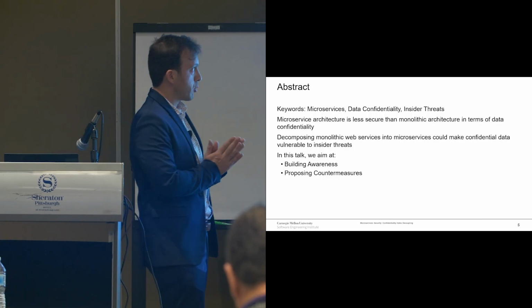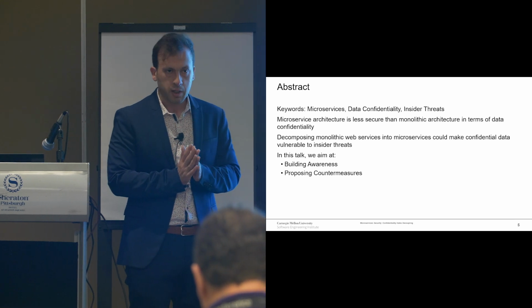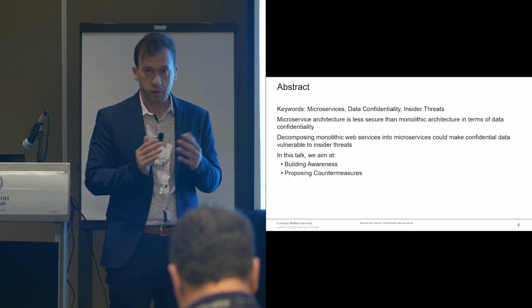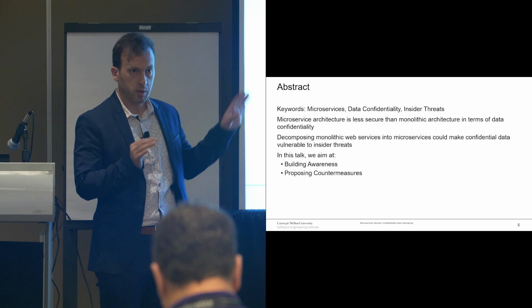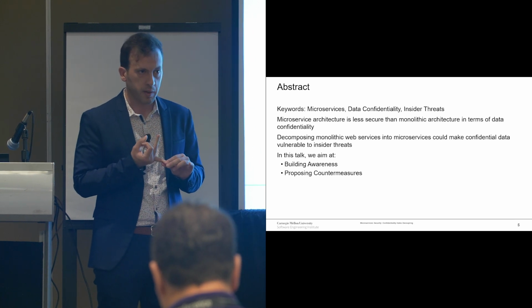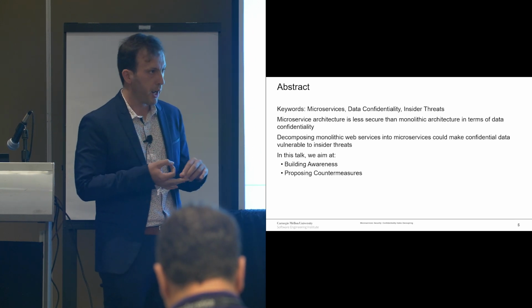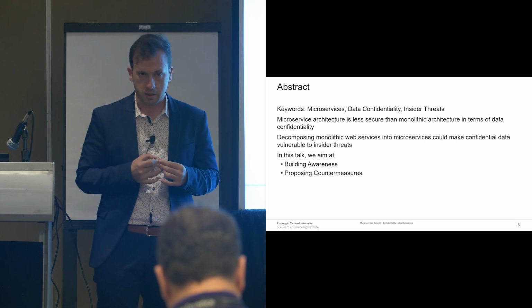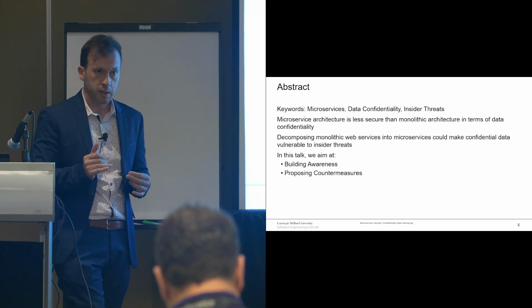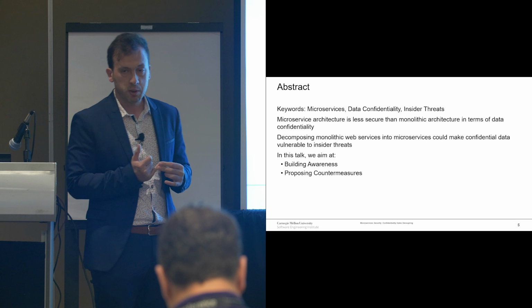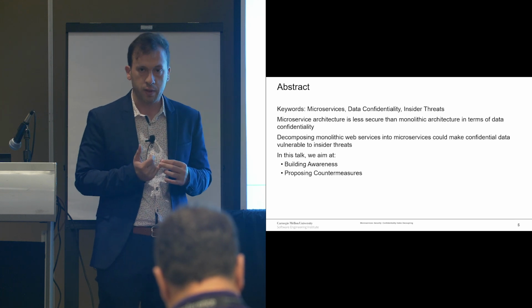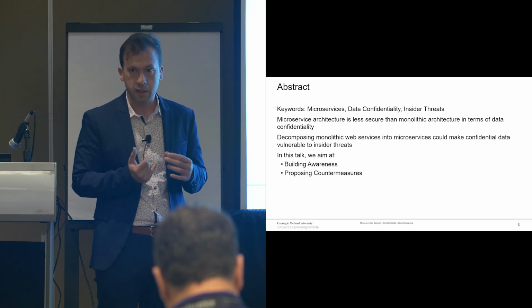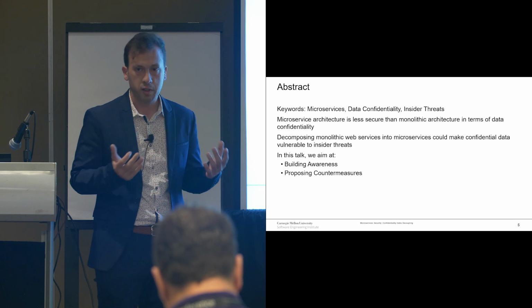Okay, before I go into details, I'd like to give some introduction about the talk. My talk will focus on three concepts: microservices, confidentiality, and insider threats. My point is that microservices are less secure than monolithic services in terms of data confidentiality.